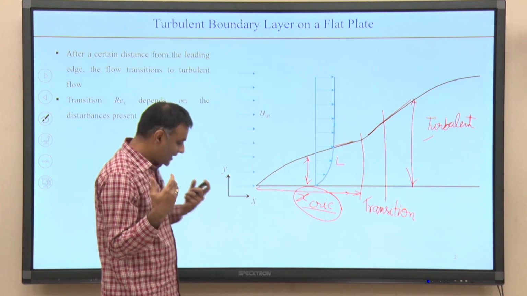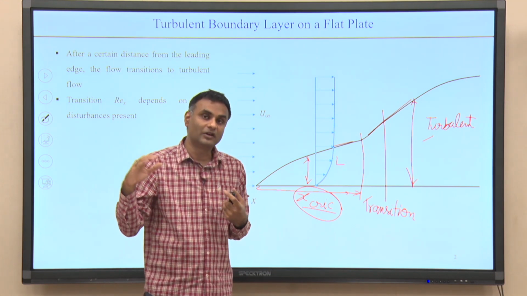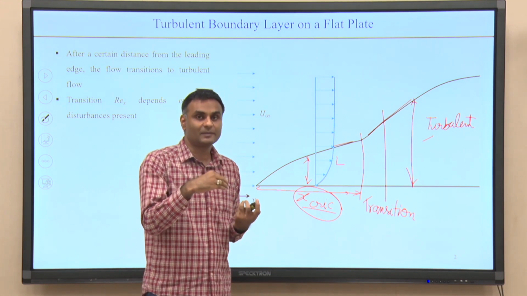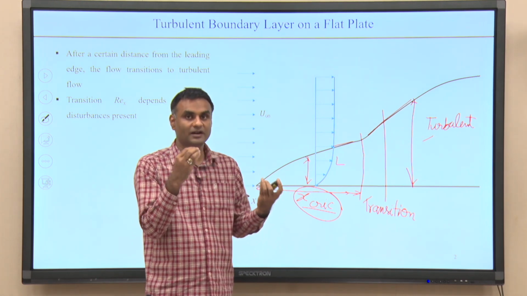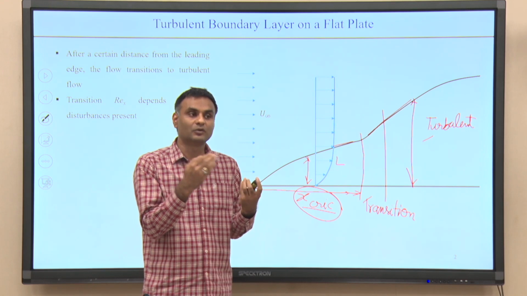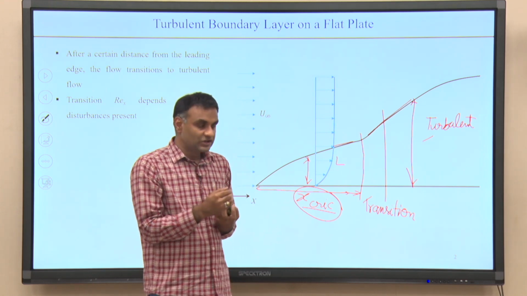So, it will depend on the roughness, and it will also depend on other disturbances that may cause a lot of disturbances to the flow, and the turbulence may trigger at an earlier length.